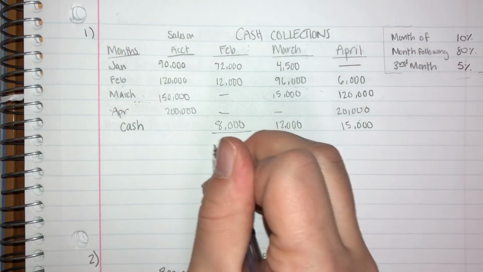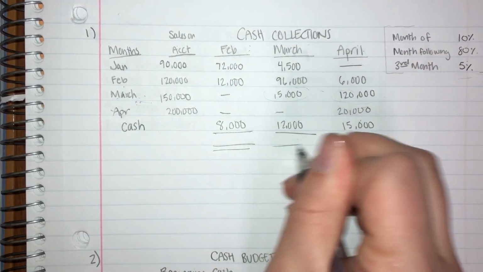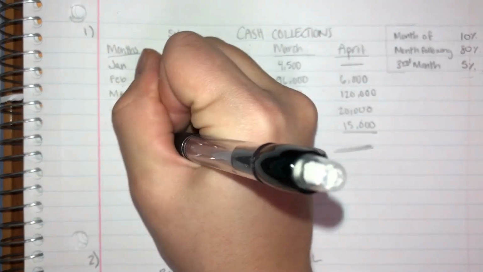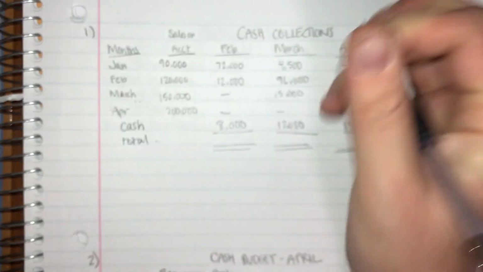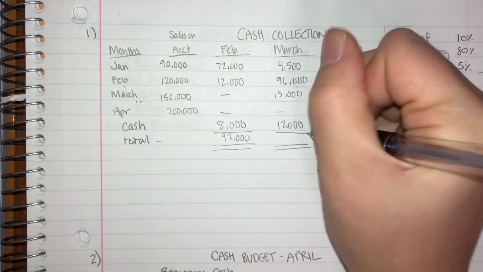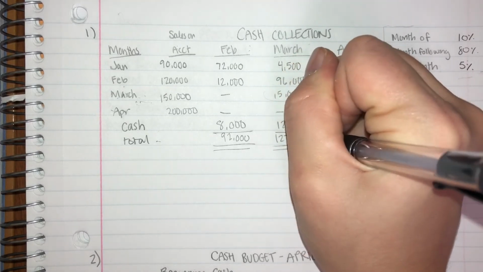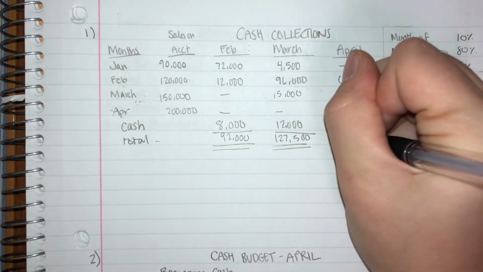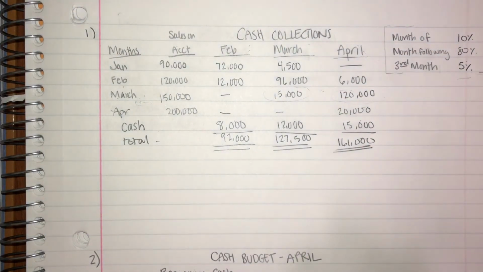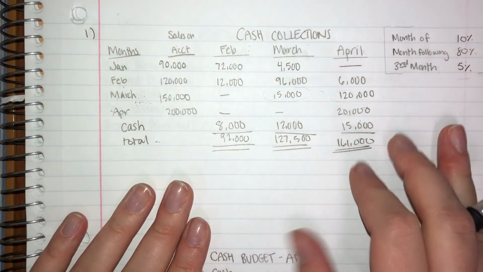So let's total these things all up. The totals that I got are 92,000, 127,500, and 161,000. Awesome. So that's our cash collection schedule.